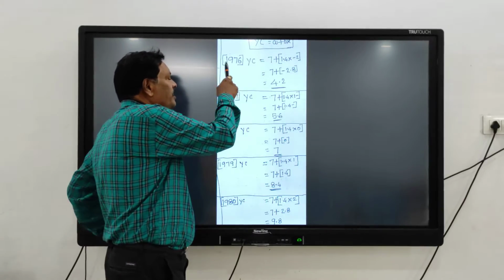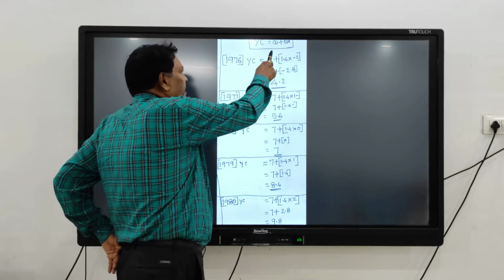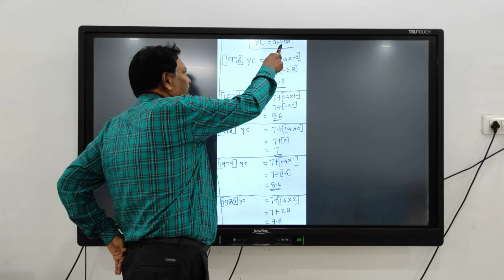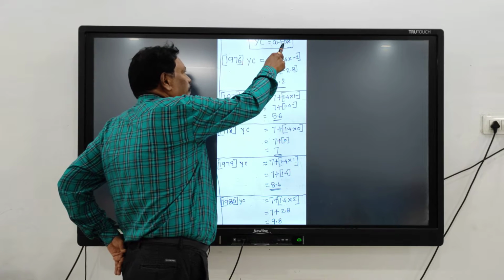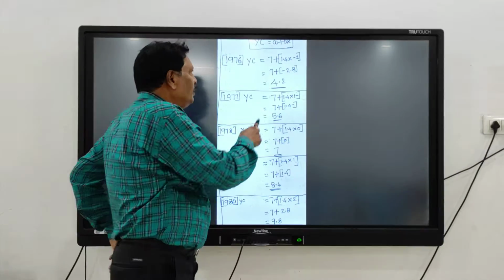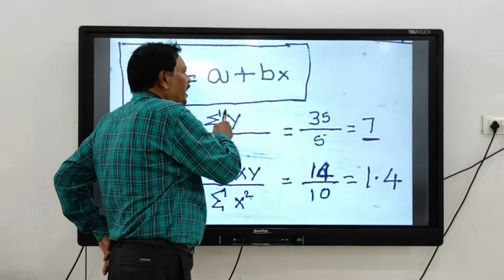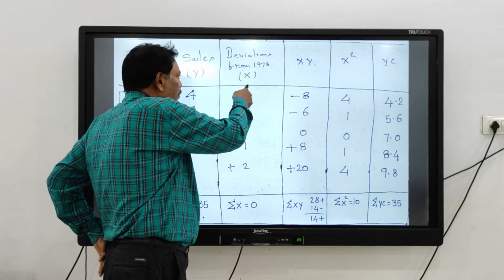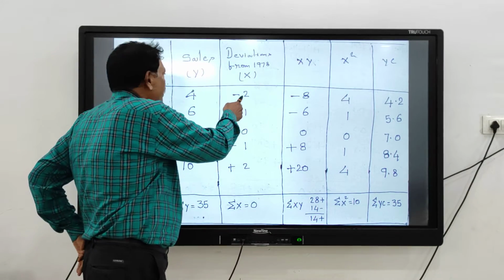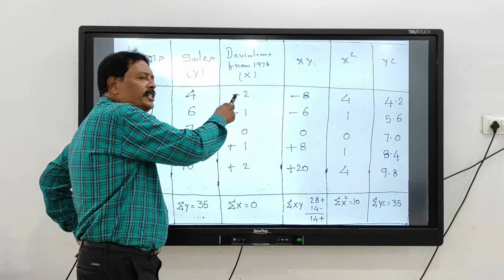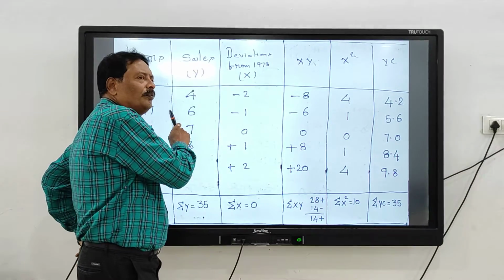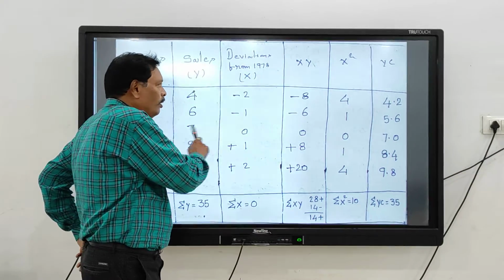Suppose for 1976, yc is equal to a 7 plus b 1.4, bx means b into x. The x value we already calculated in the statement; for 1976, minus 2 is the x value for the first year.